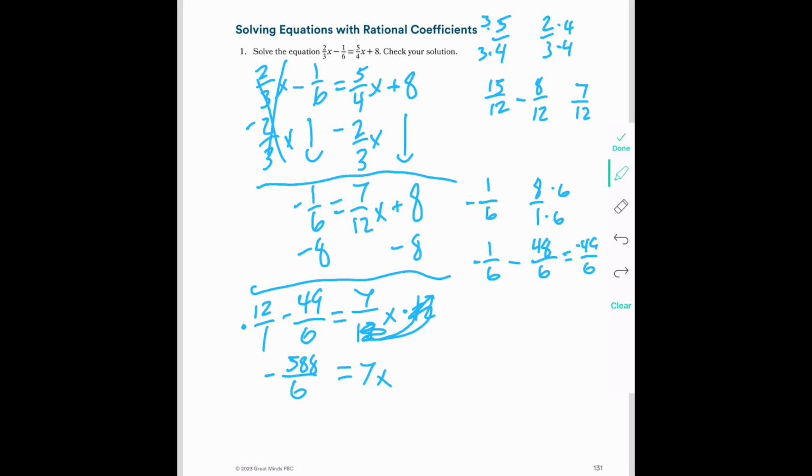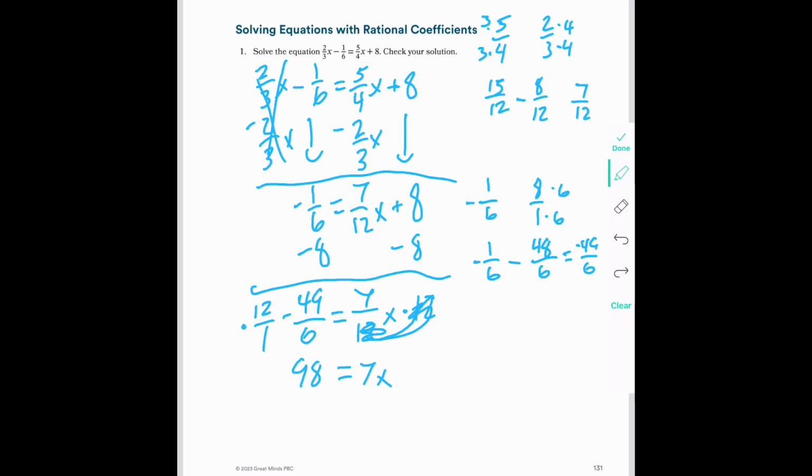We can divide 588 by 6. When we divide 588 by 6 to reduce the fraction, since we can reduce it, it gives us 98.